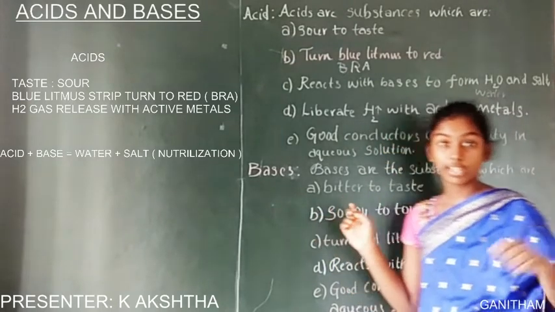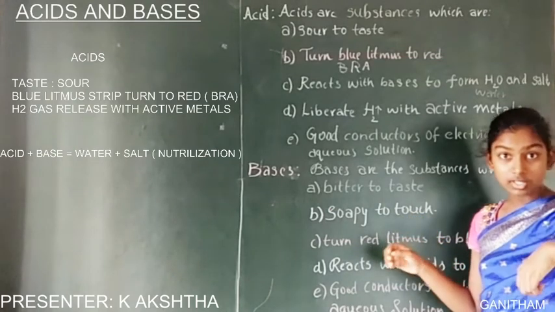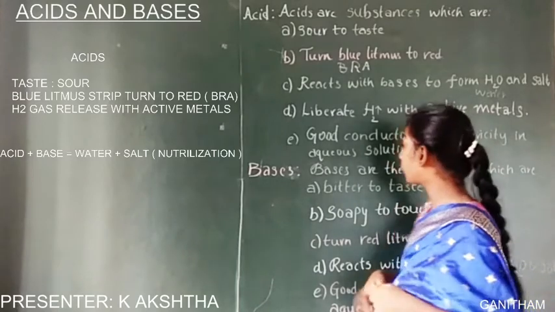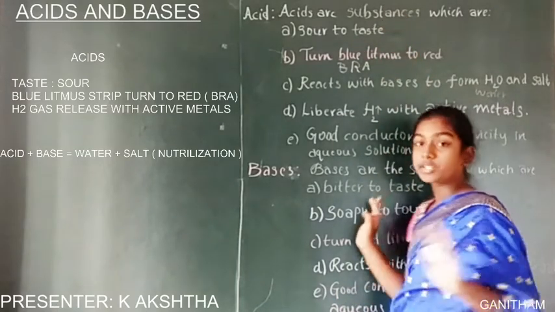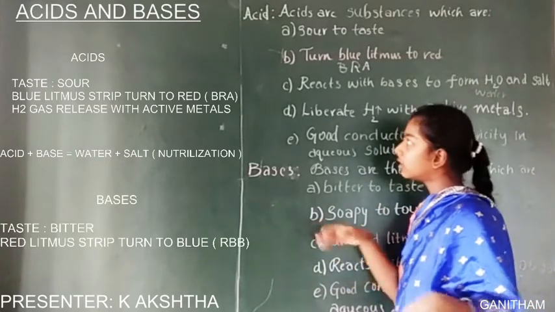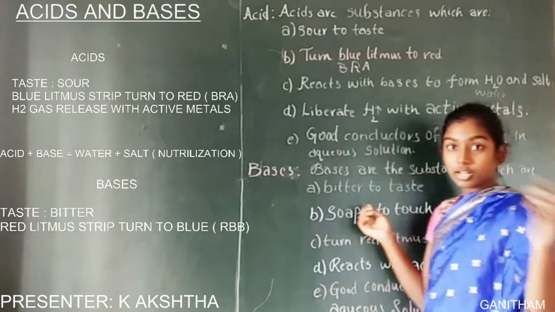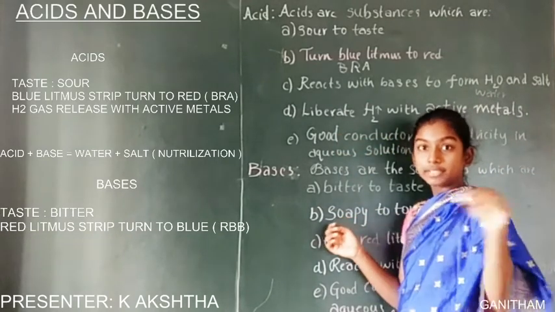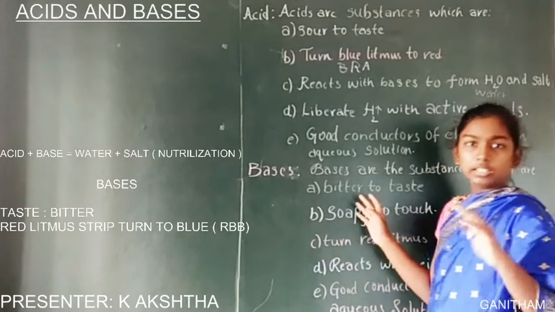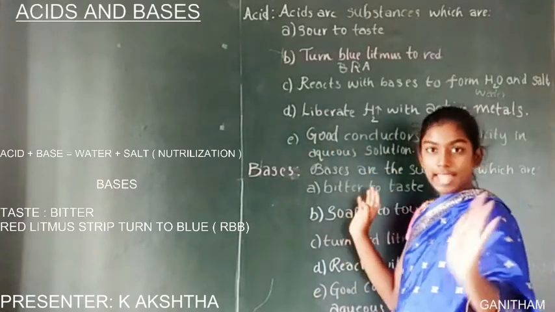That's why we get shocked if we keep our hand in acids in aqueous electricity. Don't try it at home, okay? So these are the 5 main properties we have in acid. Other properties, like the color with methyl orange or phenolphthalein, don't matter. The first 5 main points are enough for acid.